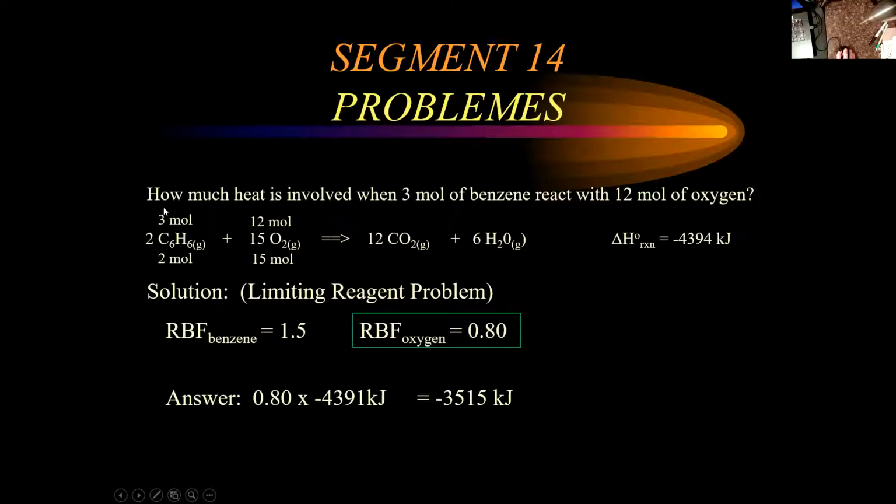The problem quantity given was 3 moles of benzene and 12 moles of oxygen. So I put those over the formula for each compound.